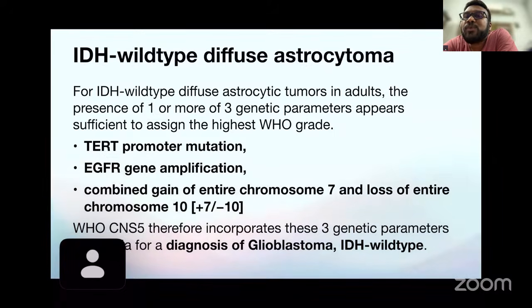If there is one or more of any of these three, then it is going to be glioblastoma, IDH wild type. So glioblastoma, IDH wild type means it should have any one of the three: TERT promoter mutation, EGFR gene amplification, or the combined gain of entire chromosome 7 and loss of entire chromosome 10. This will take it to IDH wild type glioblastoma.